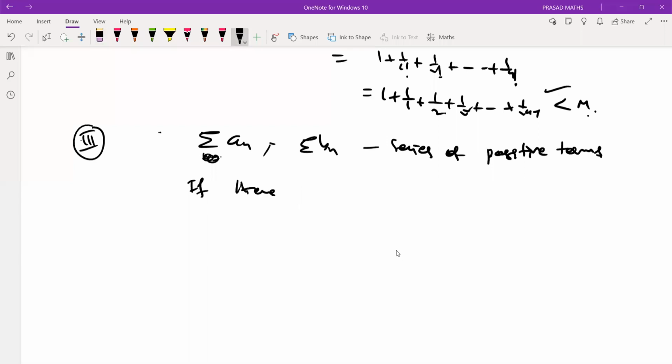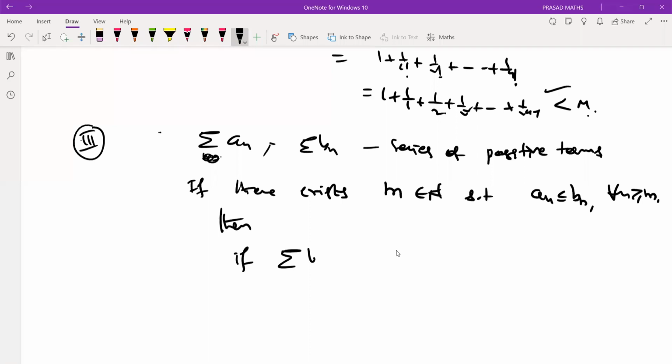If there exists some m in natural number such that an less than or equals to bn, that means it satisfies the inequality eventually, then one can say that first one, if this series is convergent, that will imply that summation this is convergent.